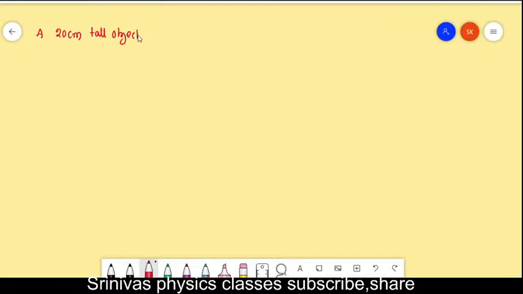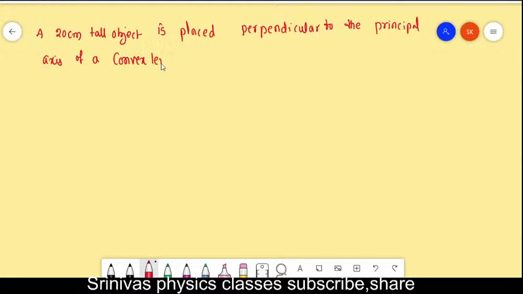A 20 centimeter tall object is placed perpendicular to the principal axis of a convex lens of focal length 10 centimeters.